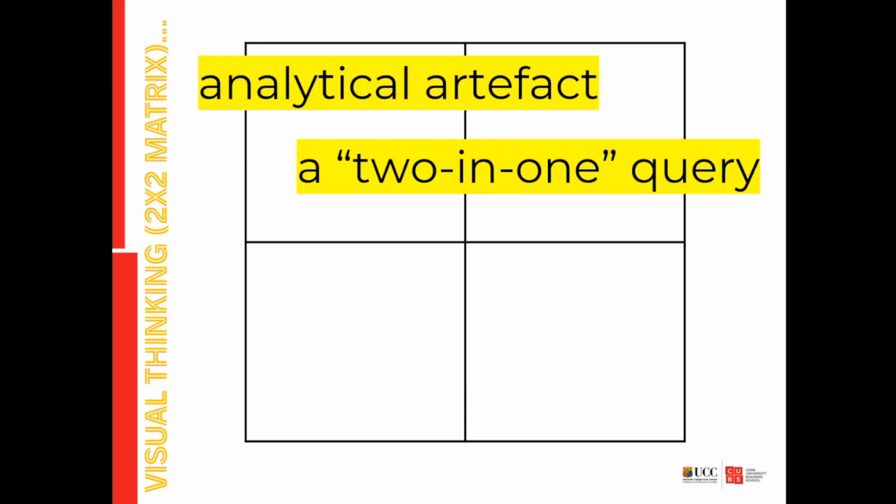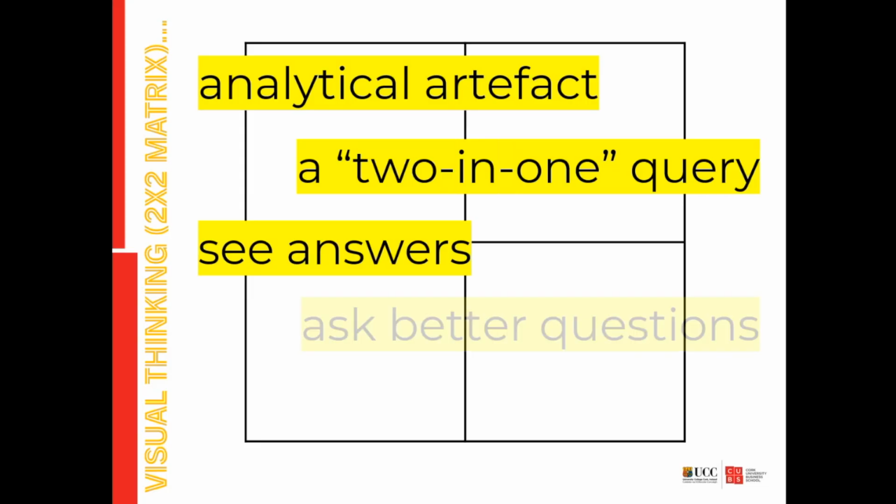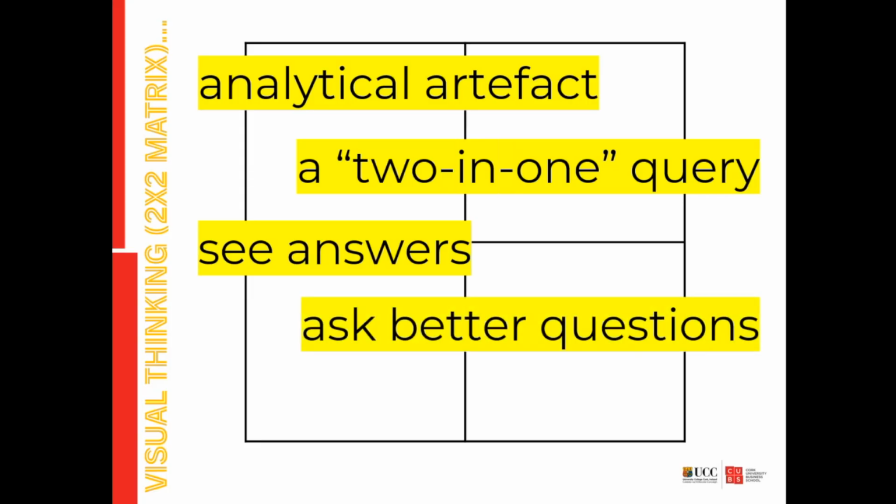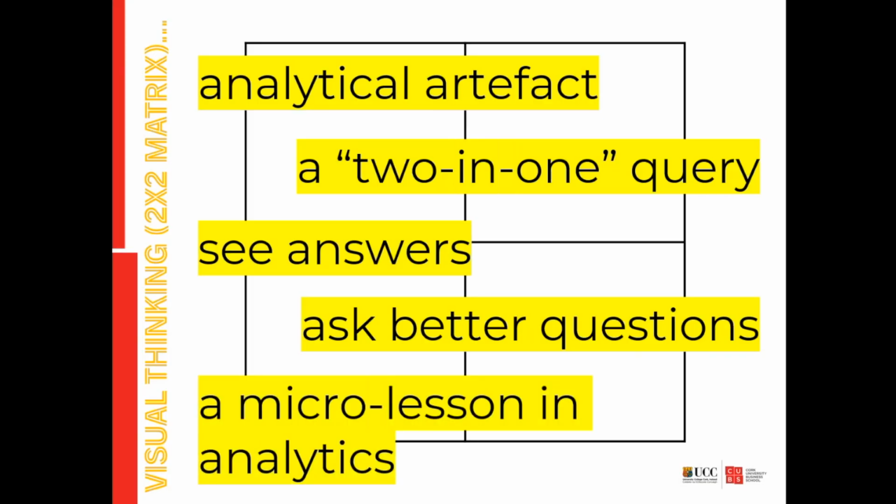Another way of looking at them is as a 2-in-1 query: we're able to ask 2 questions in one, which is fantastic. We do see answers, but ultimately we're able to ask better questions. And I think this has ultimately been a lot of the value behind 2x2 matrices in terms of the use that I have put them to. More recently, I've seen them as what we might call a micro lesson in analytics.